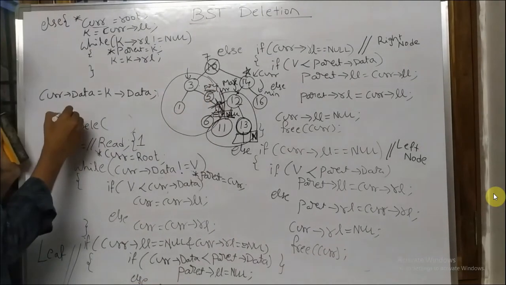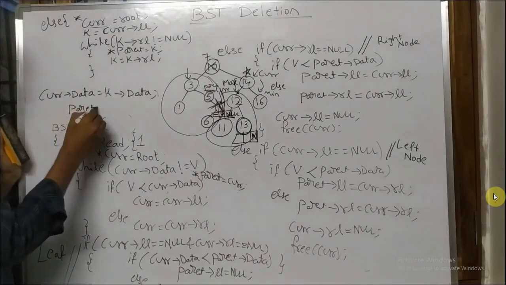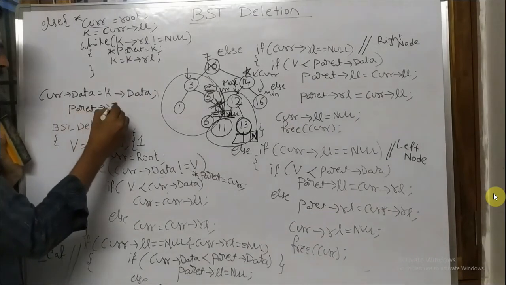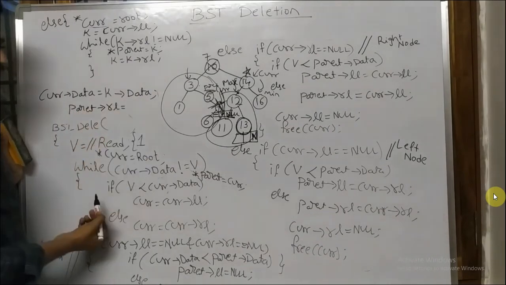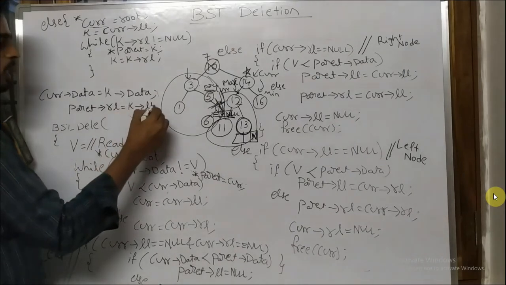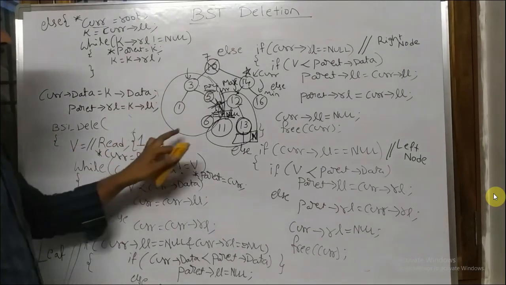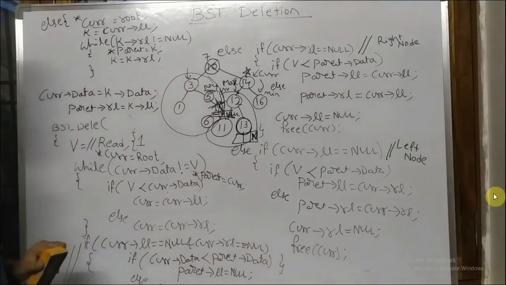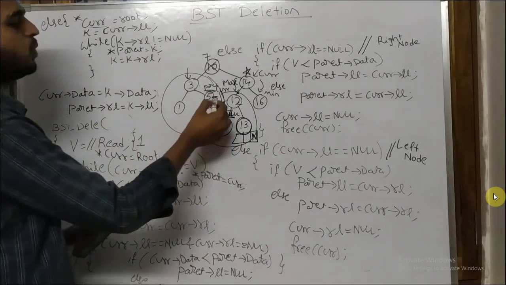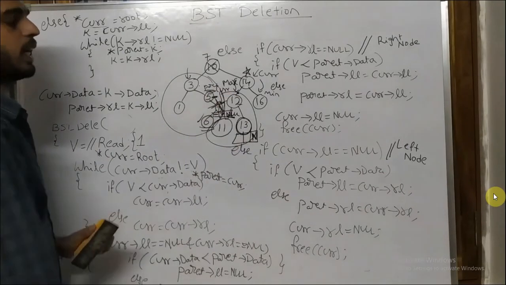That is, parent tends to right link equal to k tends to left link. When I write this, the corresponding node address will be copied to this particular location, so that it will be connected.